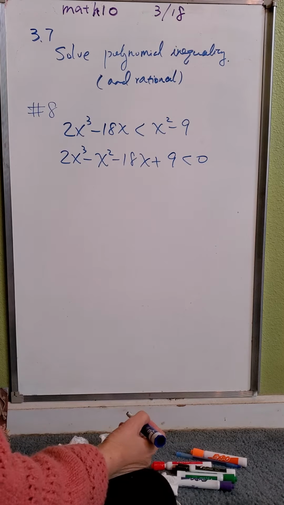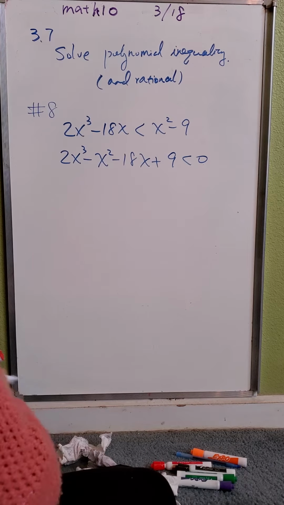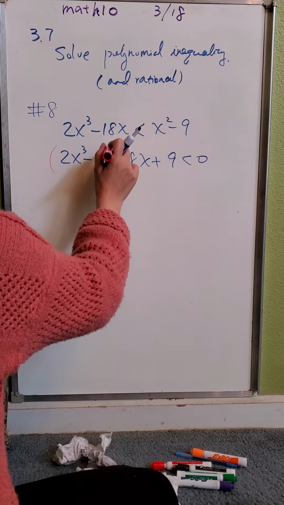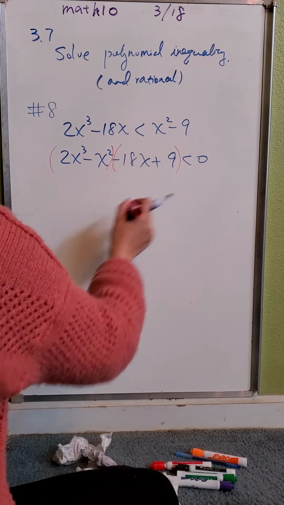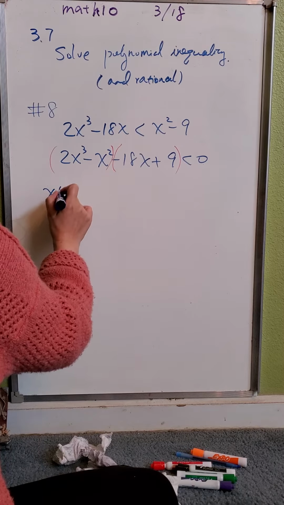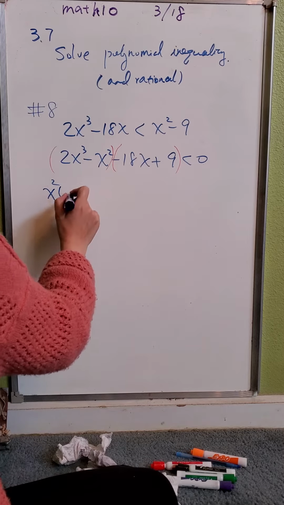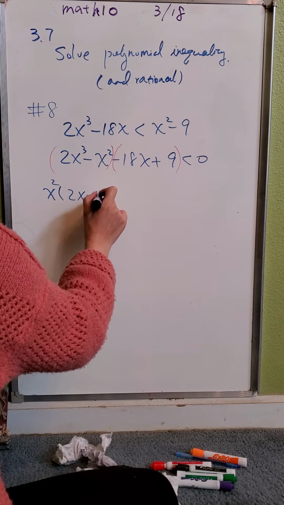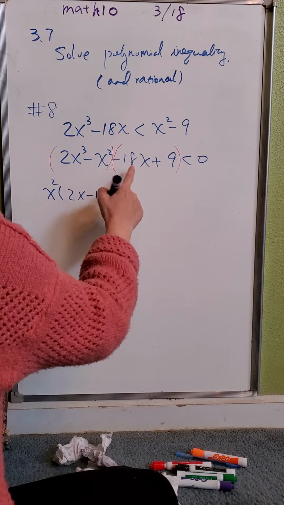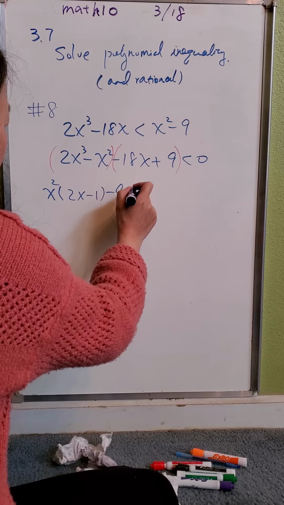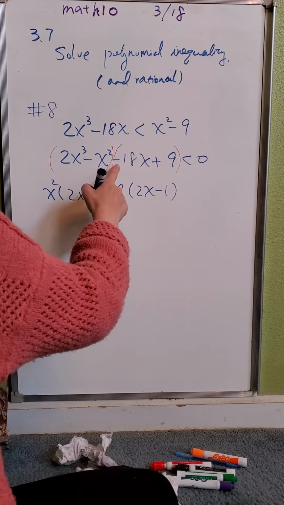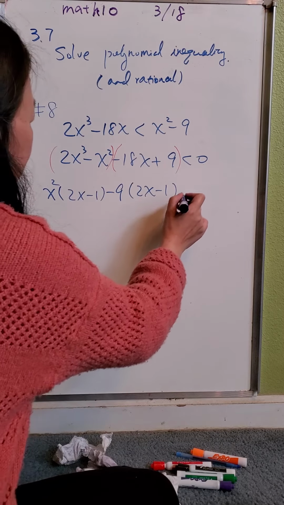And now we're going to factor. If you remember how we factor this, we factor by grouping because there are 4 terms. We take out the x squared here because that's what they both have. And for this one, we take out the 9, and when you take out the negative, they become negative here.